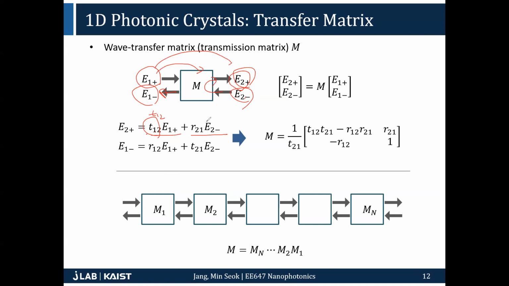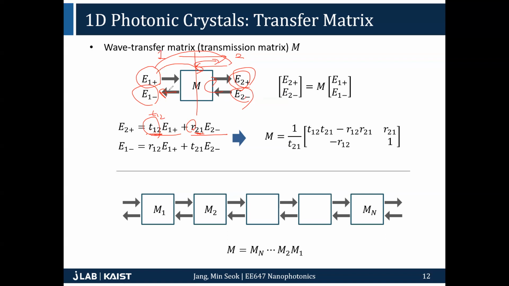What I mean is that the subscript defines the side. This side is 1, that side is 2. So T12 is from here to there. R21 is the case where the input beam is coming from 2 to 1, and R means reflected. So R21 is the reflected portion of the E2 minus wave.